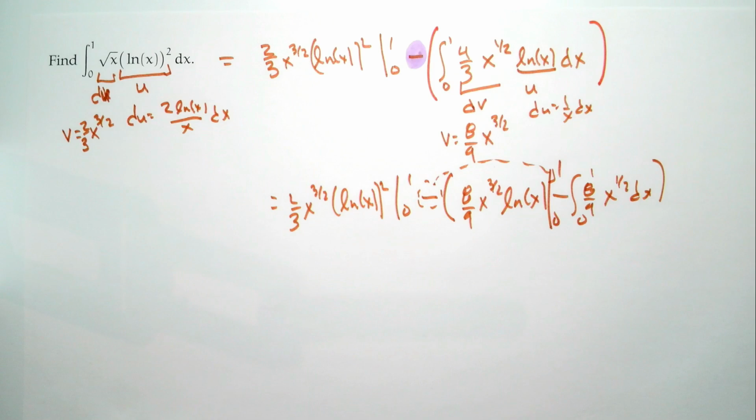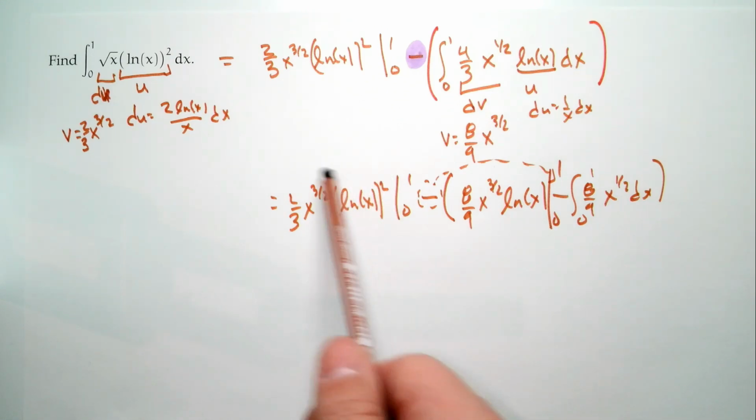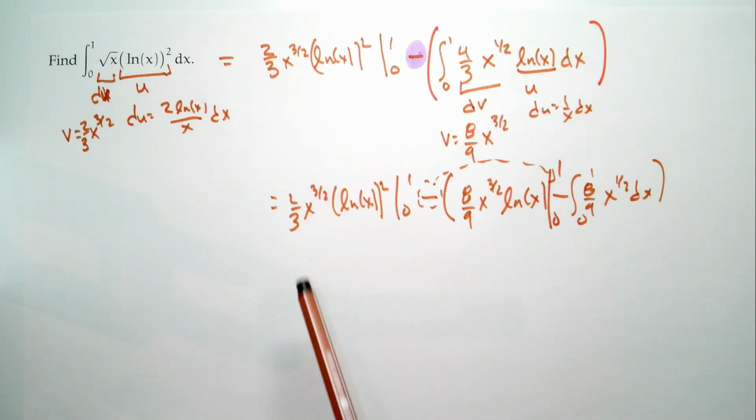Now, from here, it's not so bad. You might have one concern, which is what happens to natural log of x as you go to 0? It's an asymptote. It blows up. So this part's going to infinity, and this part is going to 0. Well, what do you do?